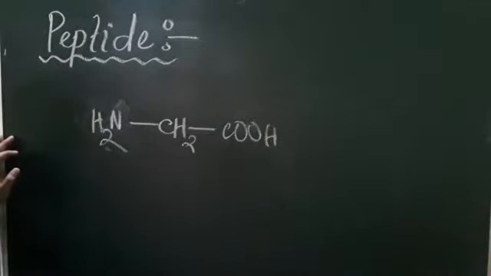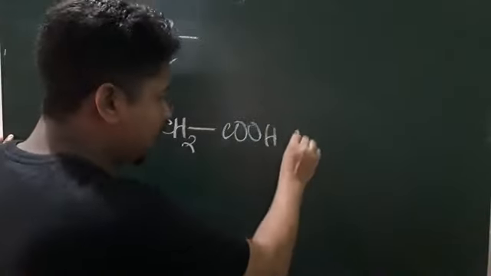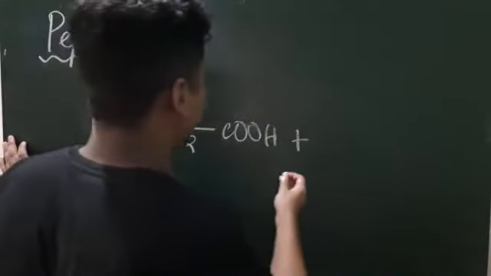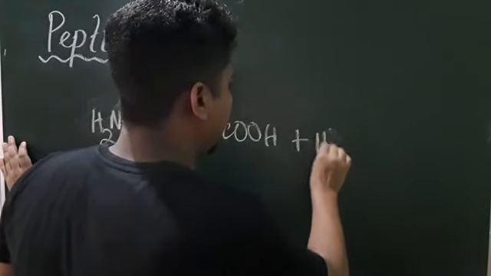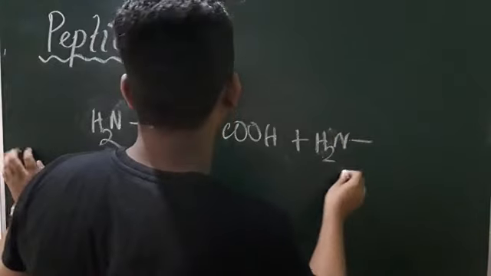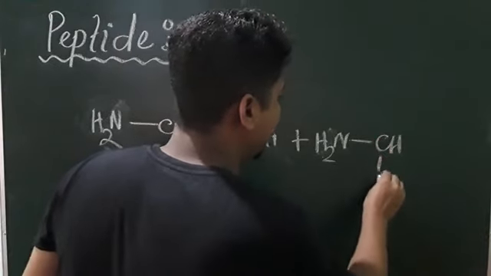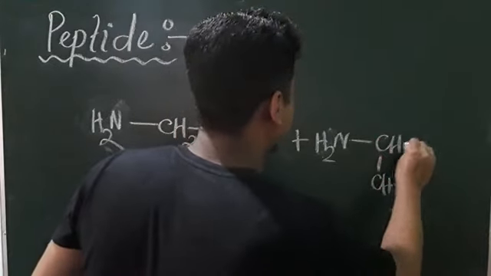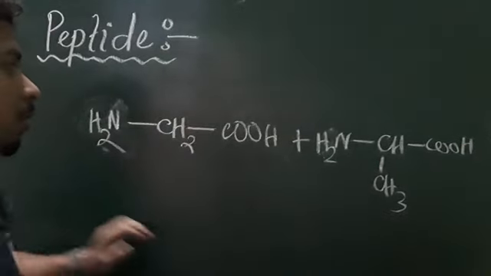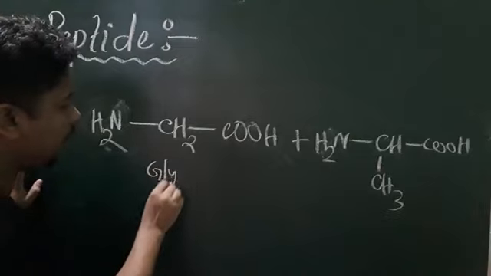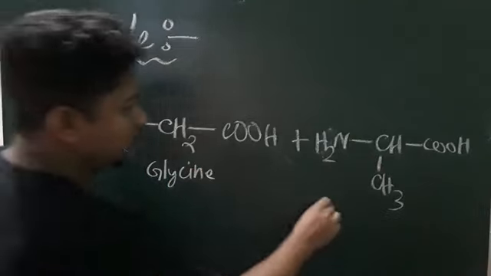So this is the glycine molecule. And take another amino acid, suppose alanine. The structure of alanine is NH2-CH-CH3-COOH. So this is glycine and this is alanine.